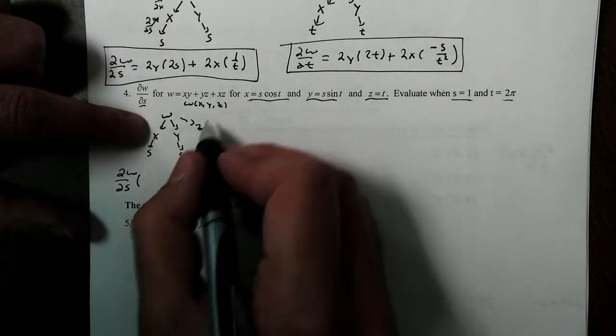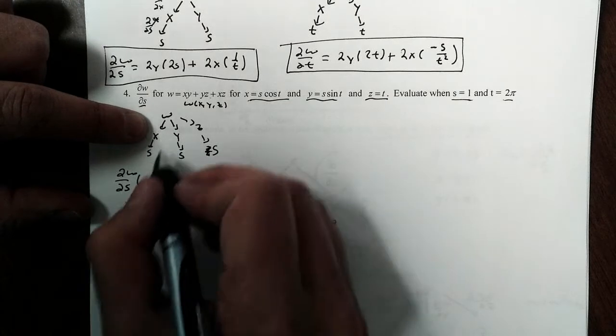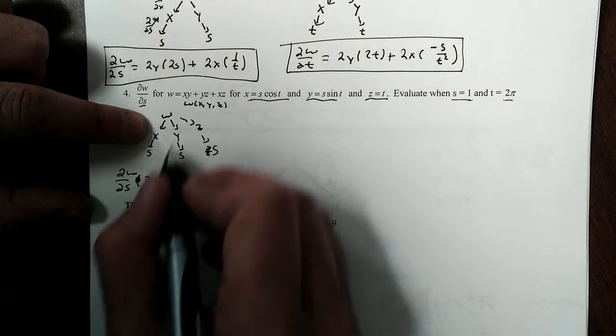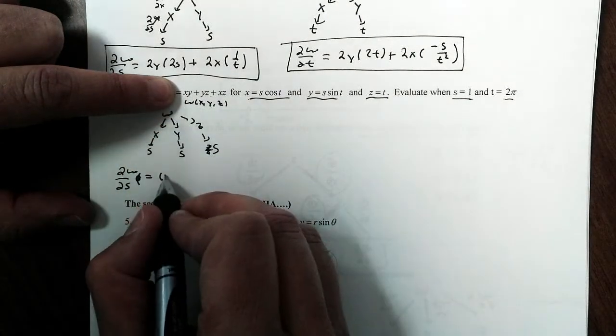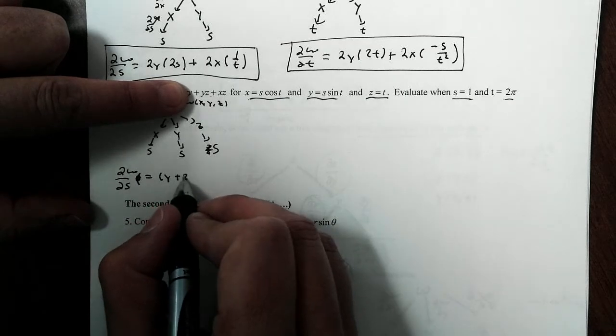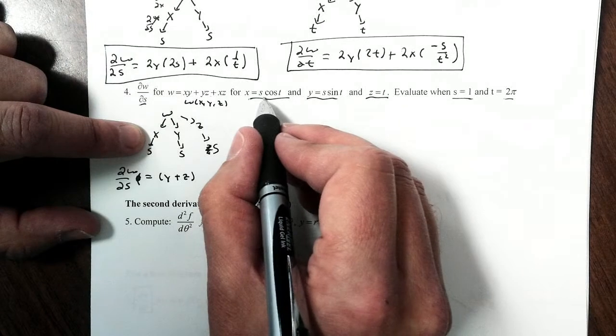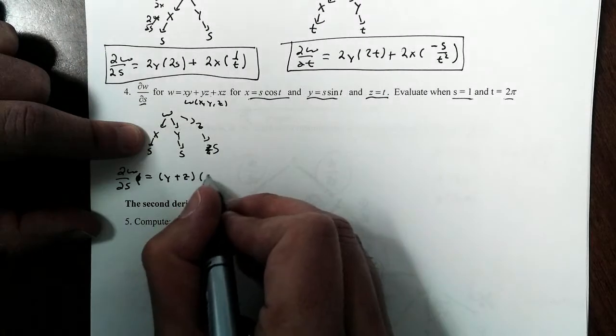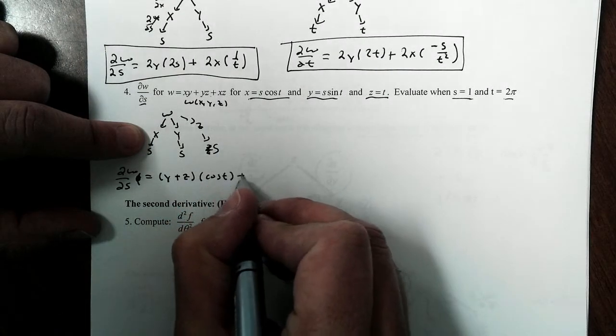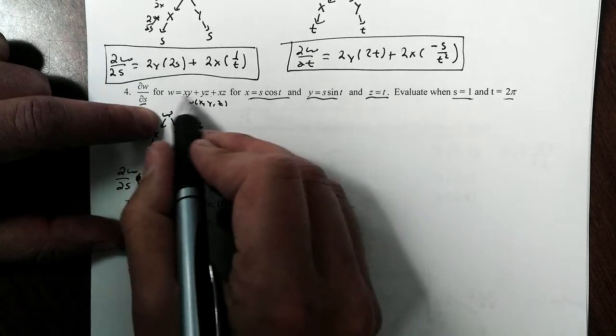First, partial of w with respect to x. And that's going to give us, equals y plus z. And then the derivative of x with respect to s. S is our constant. That just becomes times the cosine of t. Plus the derivative of w with respect to y.